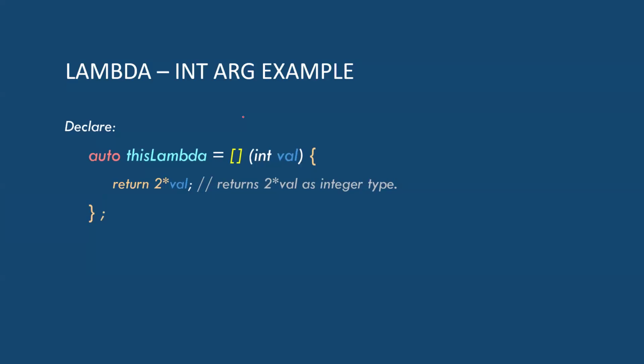So notice here, we haven't declared a return type. There's no return type on it. And so it's going to be determined by the type of argument that I'm returning. 2 times an int is going to be an int. So that's what we're going to get out of that thing. So the return type is missing over here, and I can do that.